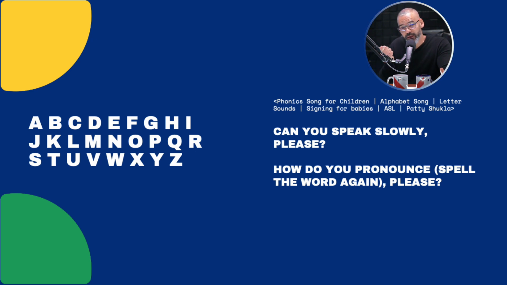But if you remember, it's going to be even better. Can you speak slowly, please? And then the person can spell the word again slowly. In this case, I said Scrooge. Can you speak slowly, please? S for small, C for cake, double O for off, G for good, E for English.